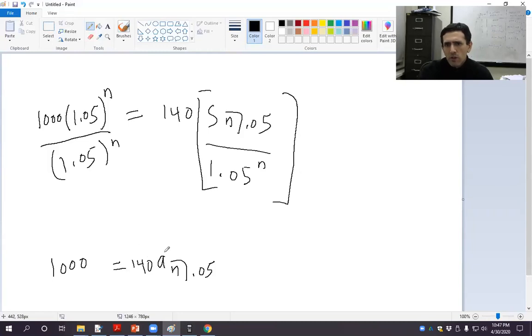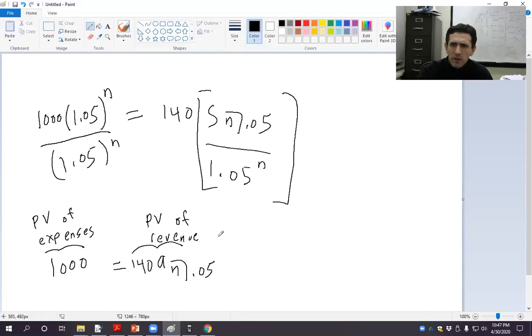We set the equality: present value of expenses is equal to present value of revenue after N periods. That's how we solve for the discounted payback period.